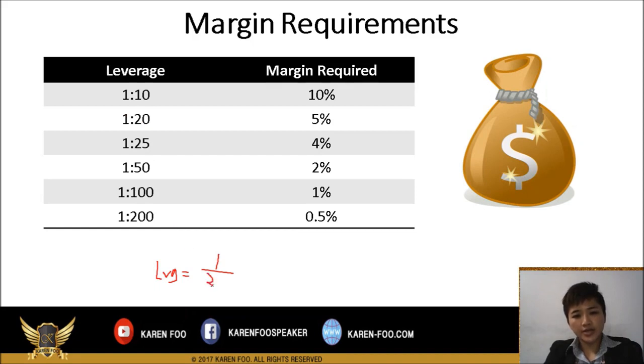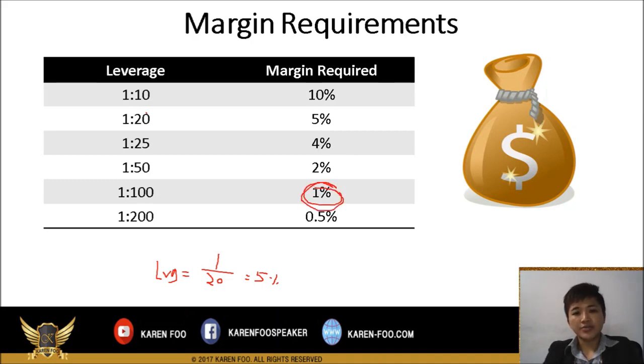I put in 20 over here. That's what I mean by reciprocal. Then you get 0.05, which is 5%. If you calculate all of these, you get this number also. So 5% margin is the same as 1:20 leverage.